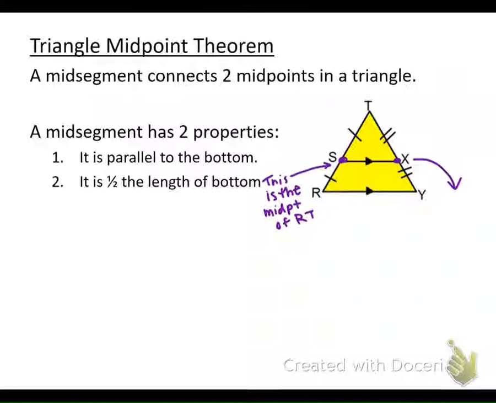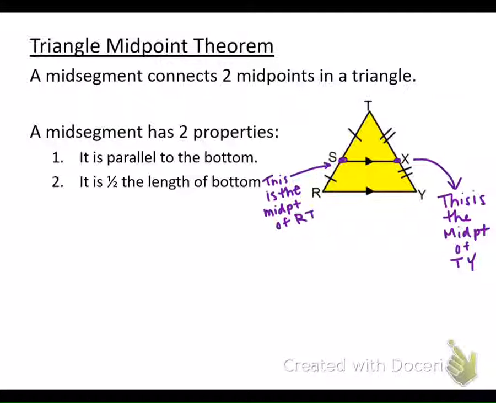And this is the midpoint of TY. So if you know that's the midpoint, you know that these two pieces are congruent to each other, and these two pieces are congruent to each other separately.